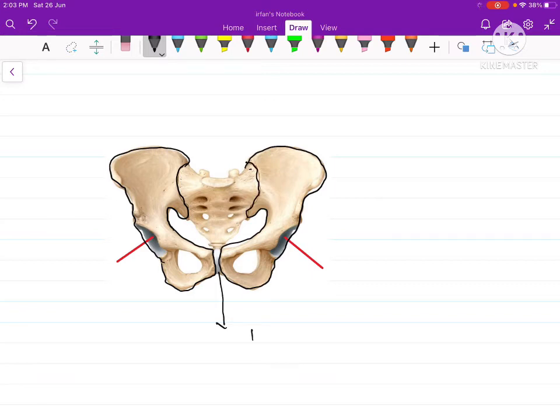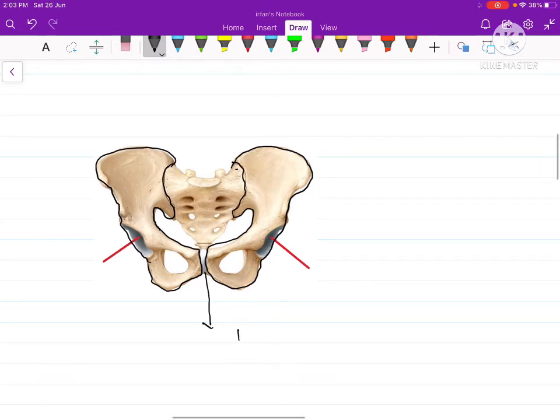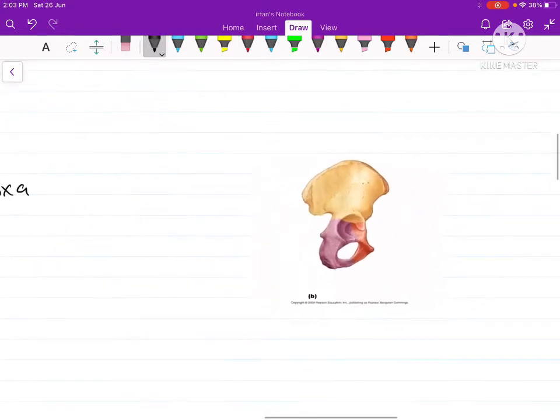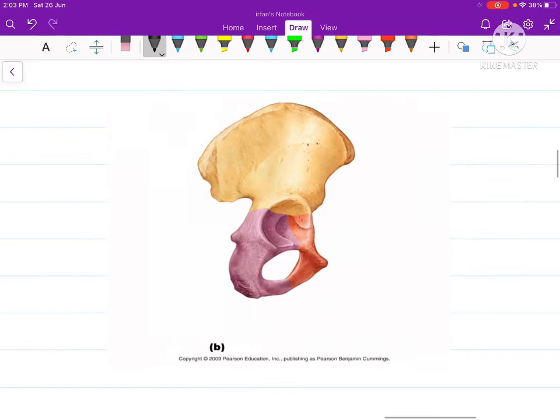If we see the structure of each of these coxal bones, each coxal bone is formed by the fusion of three bones. The first and the largest bone of a coxal bone is called the ilium. This bone over here is the ilium.